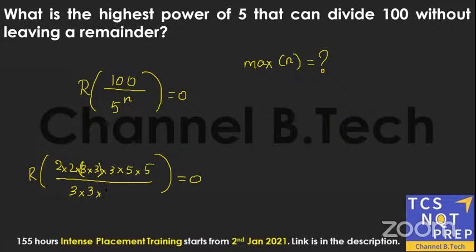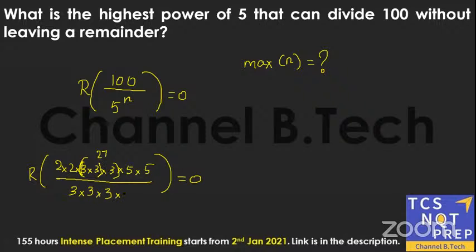When I divide it by 27, that is 3 into 3 into 3, right? Here also in the numerator you can see 3 into 3 into 3, it is a multiple of 27. This is actually 27 into 2 into 2 into 5 into 5. So the numerator is a multiple of 27, the denominator is 27, so a multiple of 27 divided by 27 will give remainder 0.